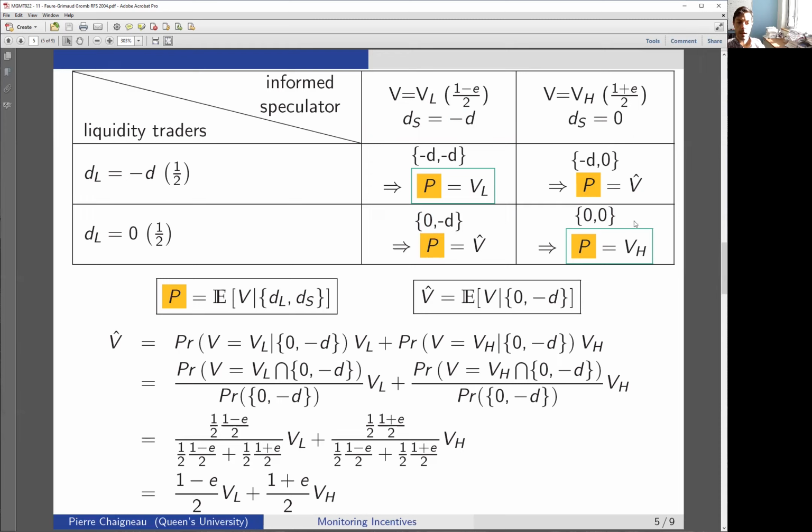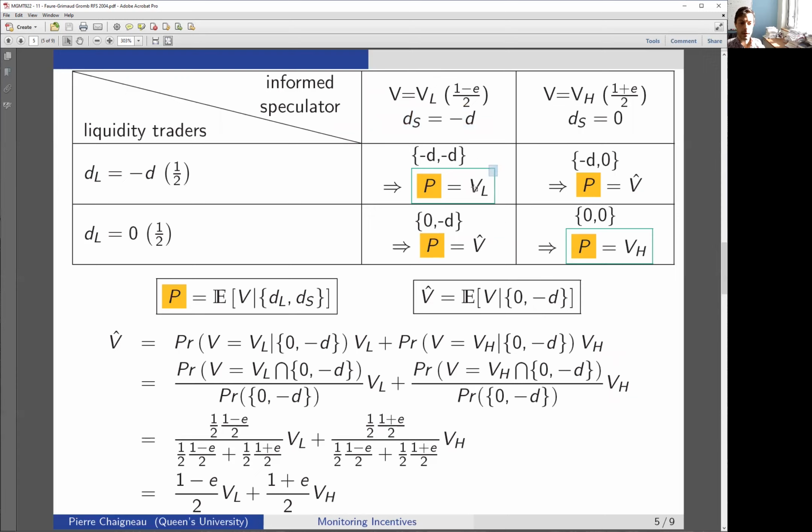Okay. So first, let's take the perspective of the market maker. And let's ask ourselves, how is he going to set the market price based on his information, so based on the orders that he observes? In the first case, when everyone is selling, he is going to infer that the informed speculator is selling, in which case he knows that firm value is VL.